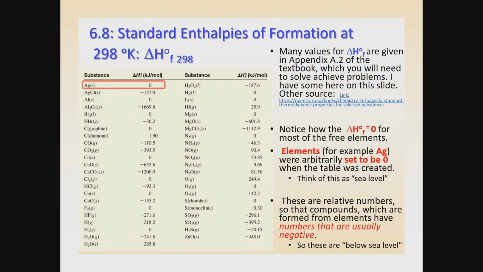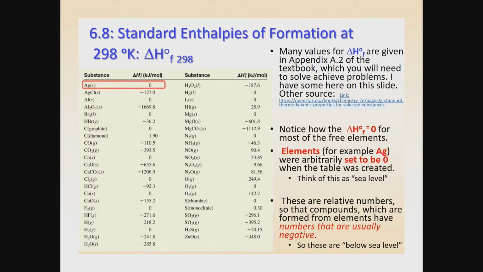So the reaction is exothermic, and if that's the case, the standard enthalpy change should be a negative value, and it is. Because for all the elements the standard enthalpy of formation is set to 0, compounds are usually negative numbers, and there's a specific reason for this.